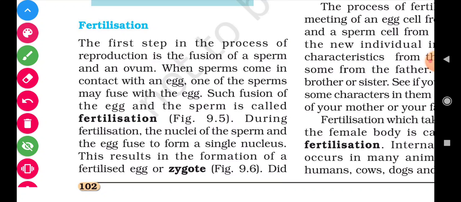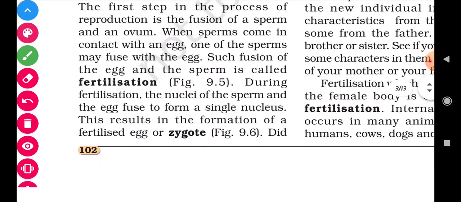During fertilization, the nuclei of the sperm and the egg fuse to form a single nucleus. Means this egg and this sperm, these are two single cells. And when they fuse with each other, it forms a single nucleus.